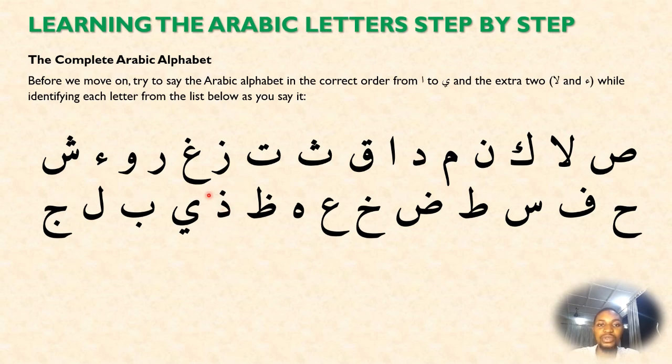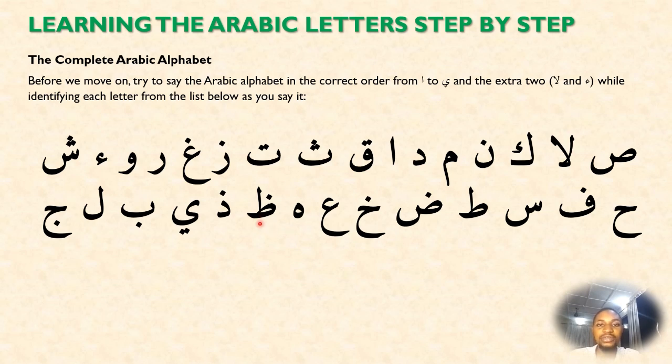Ra, then zai with a dot above it, then sin, then shin, the same shape with three dots above it, shin, then sad, then dad. Ta looking like a B, ta. Za with one dot above it, za.